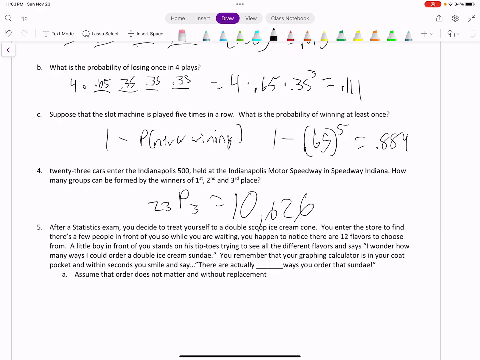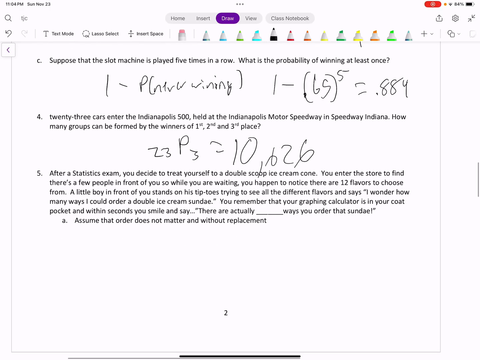You remember you have your graphing calculator in your coat. So you figure this out. Assume that order does not matter without replacement.